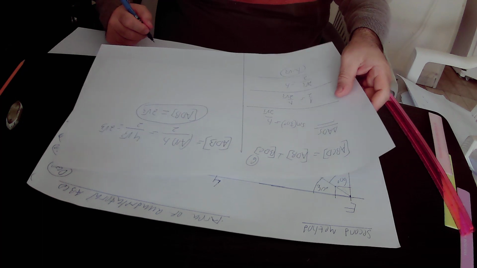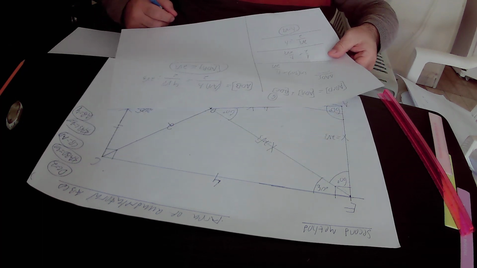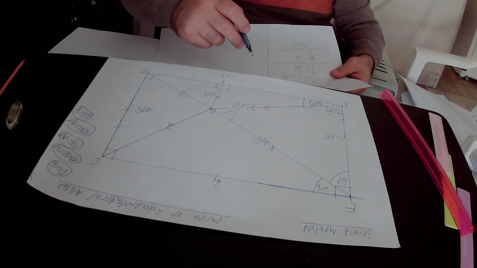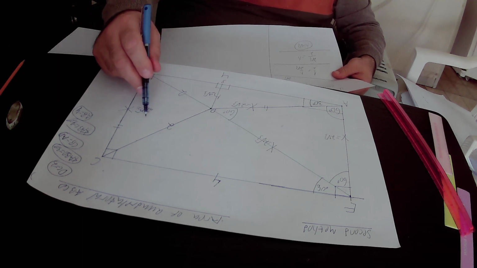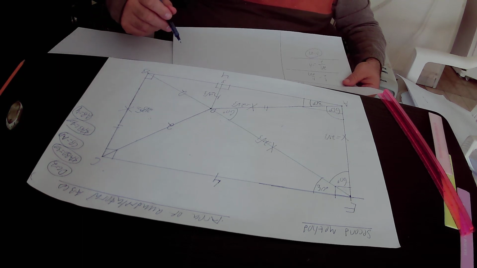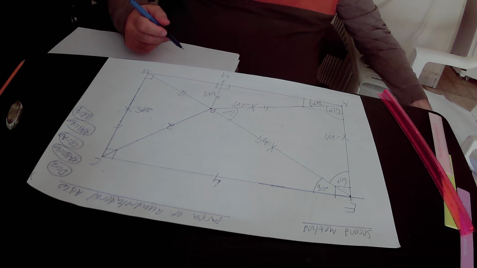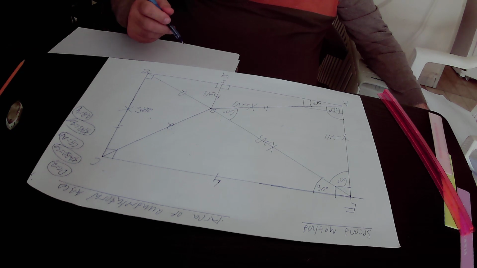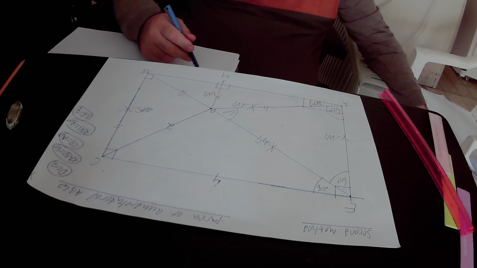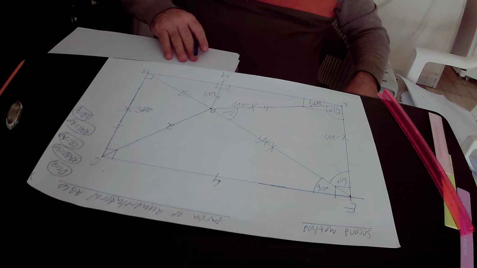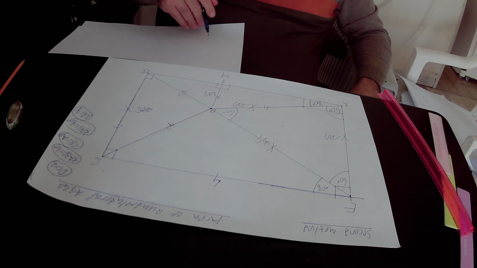And now we will find out the area of triangle BDC, this triangle. And we will find out the area of triangle BDC according to a special formula.